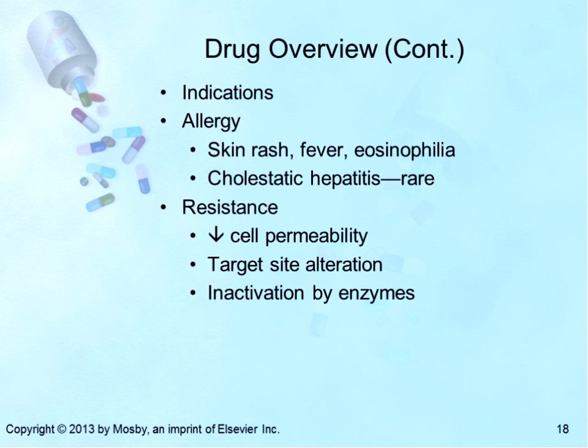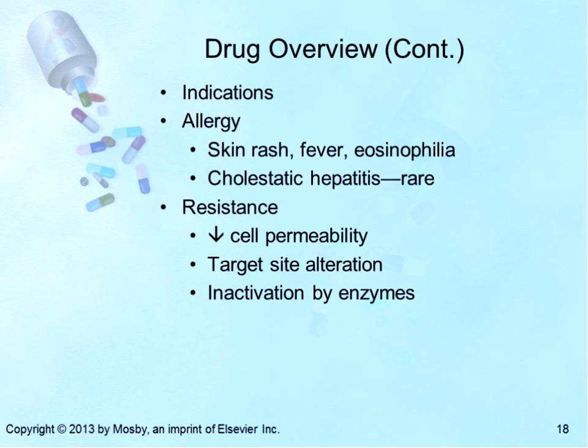The 3 major mechanisms of resistance to the macrolides include decreased permeability of the cell wall to the macrolides. Some bacteria are able to pump the antibiotic out. A second mechanism, target site alterations, results from a genetic ability to decrease binding of the antibiotic to targets on the ribosomes.